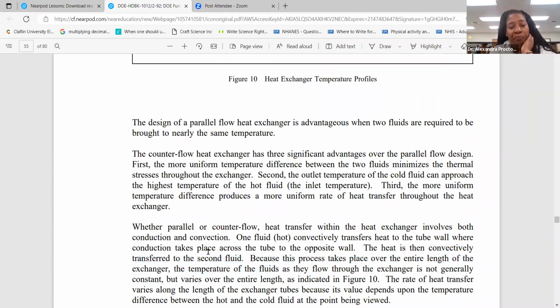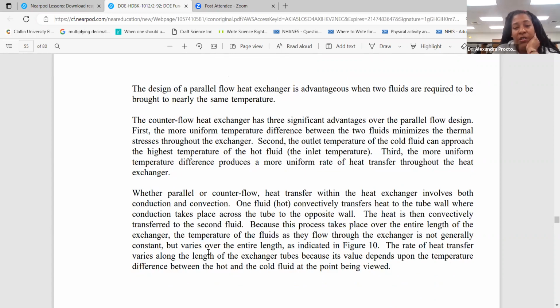One fluid convectively transfers heat to the tube wall, where conduction takes place across the tube to the opposite wall. The heat is then convectively transferred to the second fluid. Because this process takes place over the entire length of the exchanger, the temperature of the fluids as they flow through the exchanger is not generally constant.